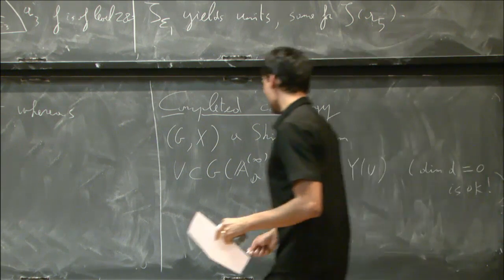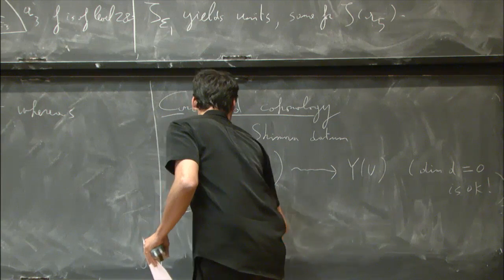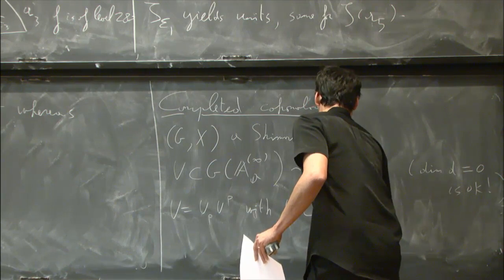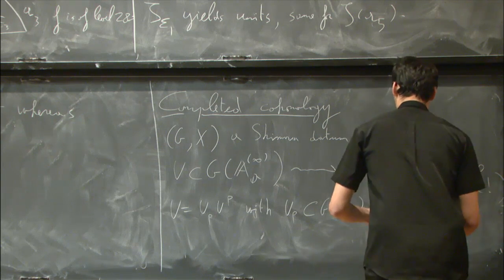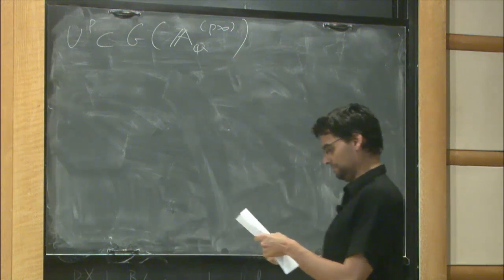I'll be particularly interested in the form U = U_p U^p, with U_p a compact open subgroup of the p-adic points of G, and U^p a compact open subgroup of the finite adelic points outside p of G.